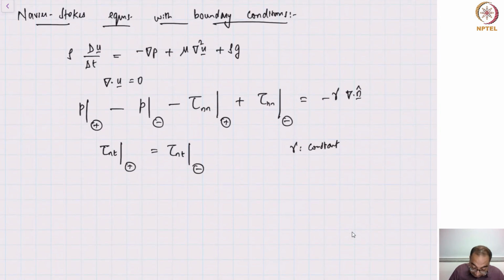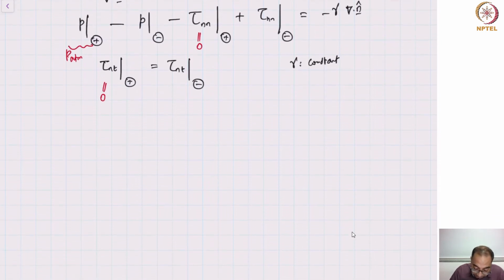So the pressure above can be thought of as a constant atmospheric pressure. This term would be 0 because there is no viscosity, so the deviatoric normal stress doesn't appear. The same is true for the tangential stresses as well, right? So we can simplify these equations a little bit.